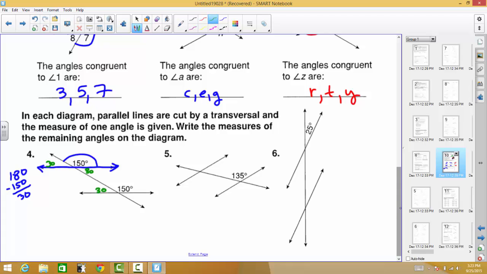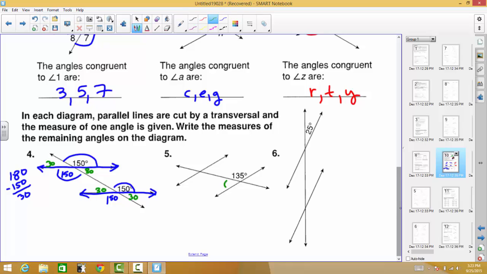Those are actually called alternate interior, and this is another vertical angle. Same with this is 150 because of a vertical angle. This right here says 150. These are alternate interior. They're on the inside of the parallel lines on the opposite side of the transversal. And then this is 150 degrees as well because of vertical.